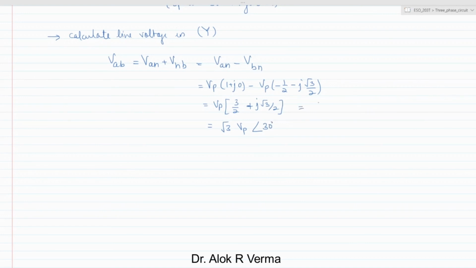What we did was take the common factor, and then it will become root 3 by 2 plus j 1 by 2. So from here we can write this form. So this is VAB.